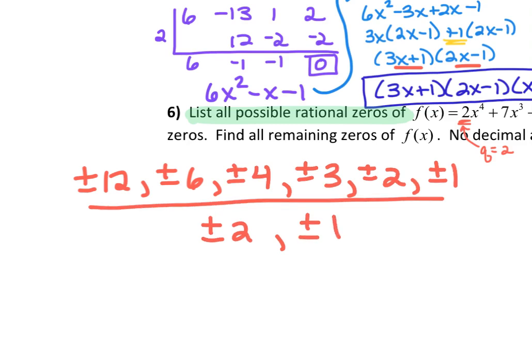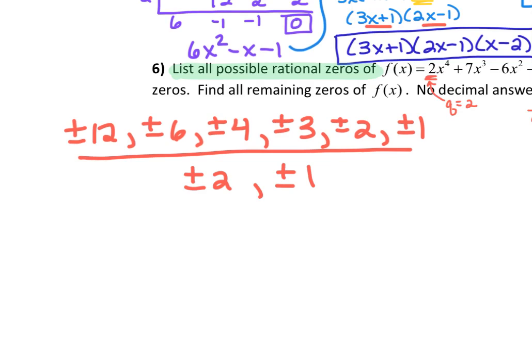And you want to look at every possible combination of 12 over 2, 6 over 2, 4 over 2, 3 over 2, 2 over 2, 1 over 2, and then 12 over 1, 6 over 1, 4 over 1, 3 over 1, 2 over 1, 1 over 1. I actually want you to write all those out.